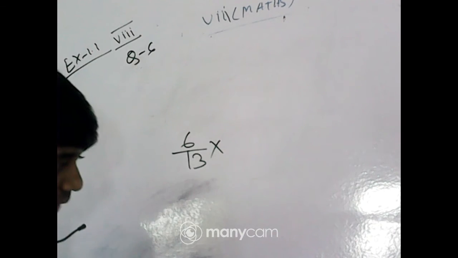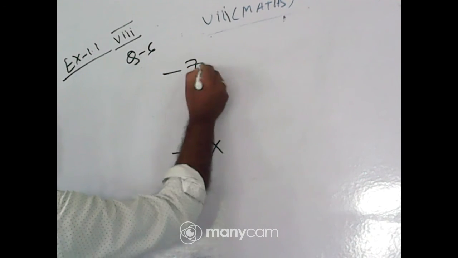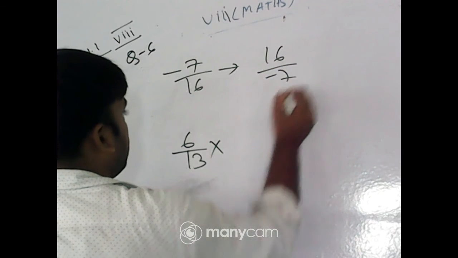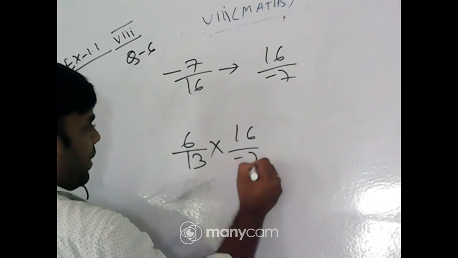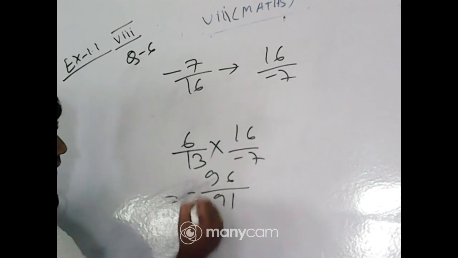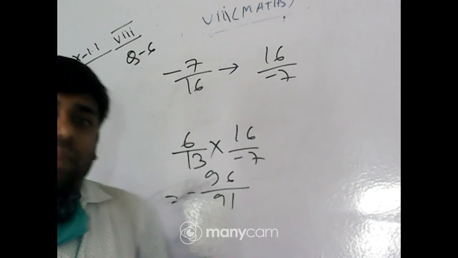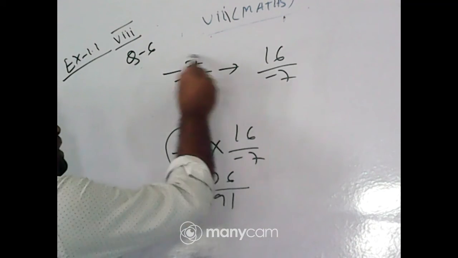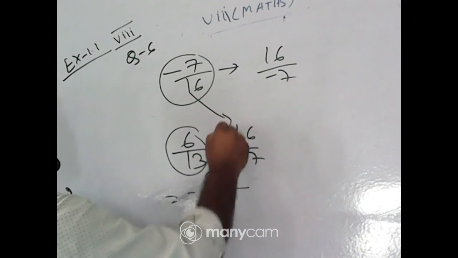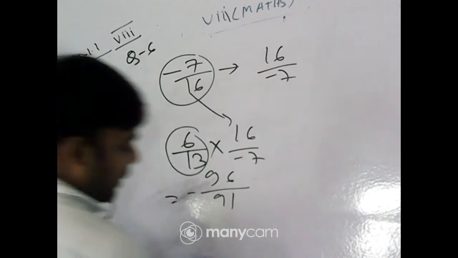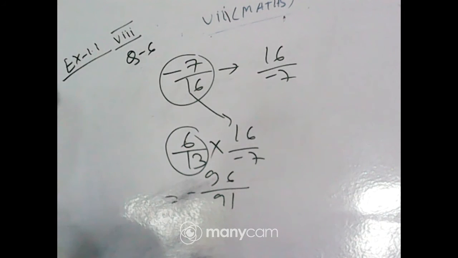Reciprocal of 7 by 16. Reciprocal of 7 by 16 means 16 by minus 7. So multiply it by 16 by minus 7. So you will get minus 96 by 91 as the answer. Minus 96 by 91 is the answer. So that is question number 6.